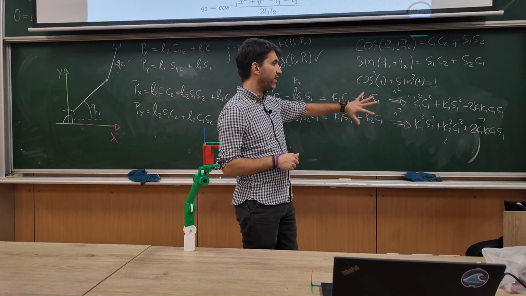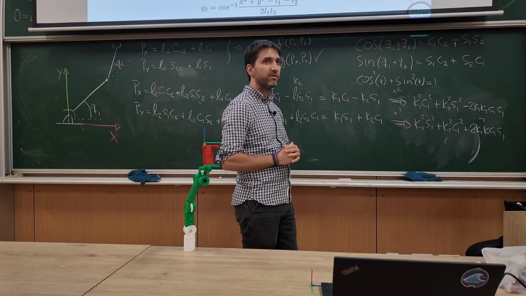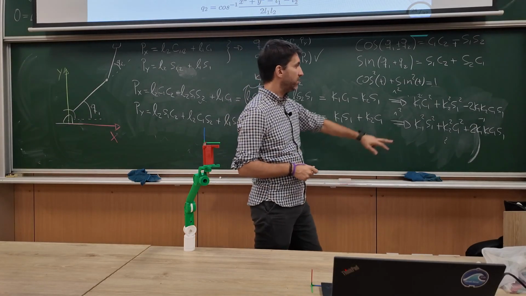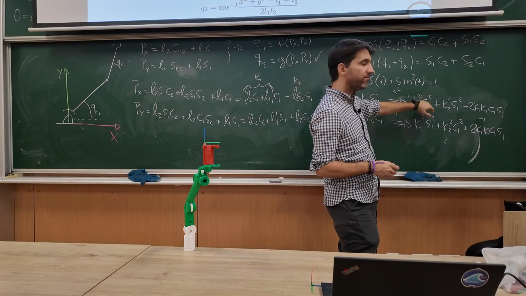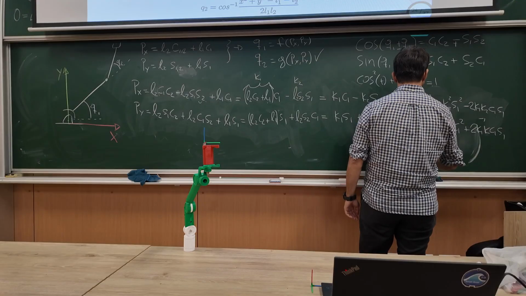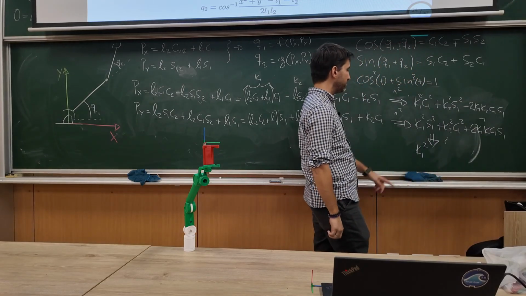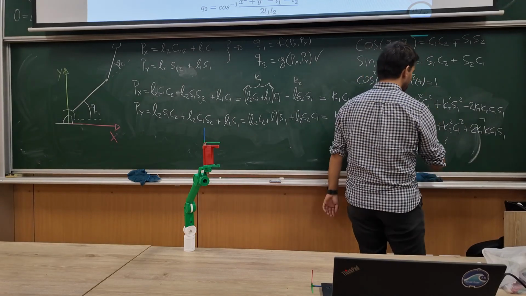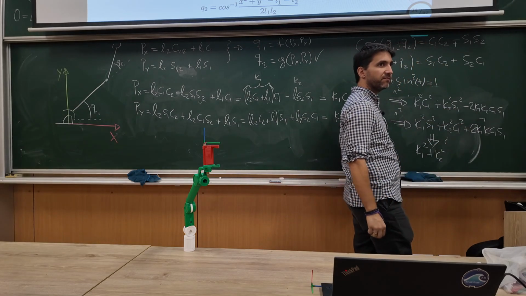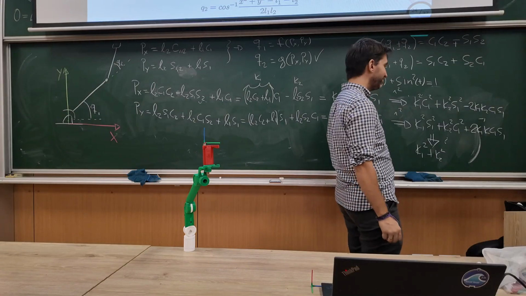Where are we getting it? If I add these two, what happens? C1 S1 goes away, so I get kappa 1 square plus kappa 2 square, and that's it.